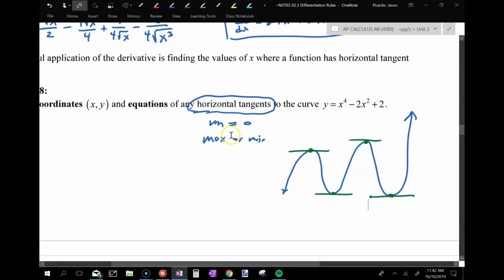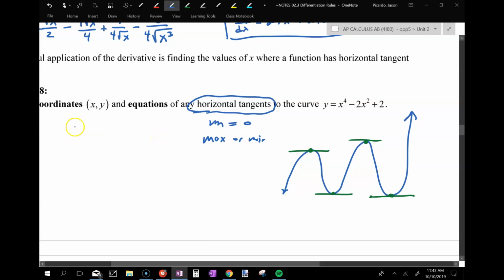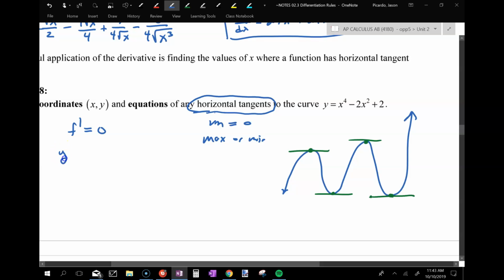Okay? So if I give you this curve, and I ask you, this is the original function, where does that function have horizontal tangents? Well, it's where the derivative equals 0, isn't it? It's where the derivative had a slope of 0. So in this case, I'm going to find my derivative. What's my derivative going to be? 4x cubed. Agreed?